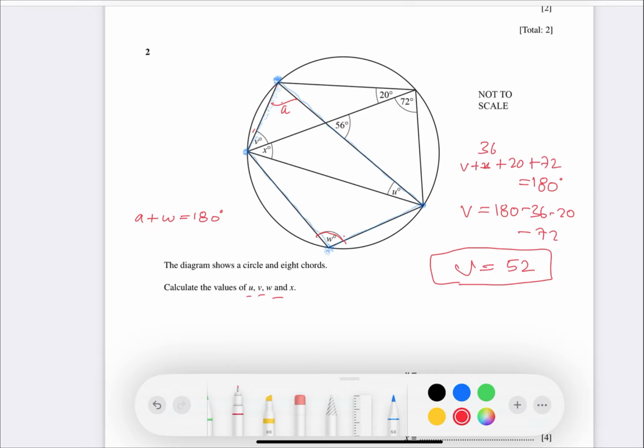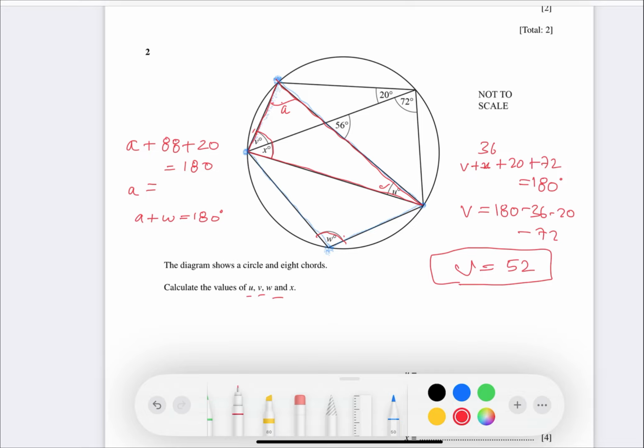We know that in this triangle, are you with me, learners? In this triangle, a plus the sum of these both, v plus x. What is v plus x? It is 88, right? So a plus 88 plus u. What is u? U was 20. Yes or no? Yes, u was 20. So this sum equals 180. So what is the value of a?